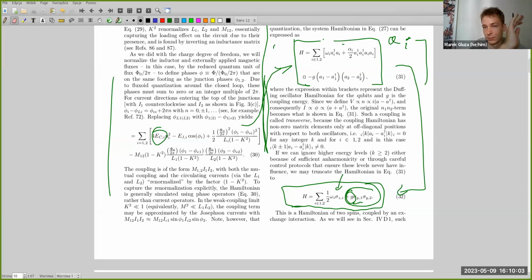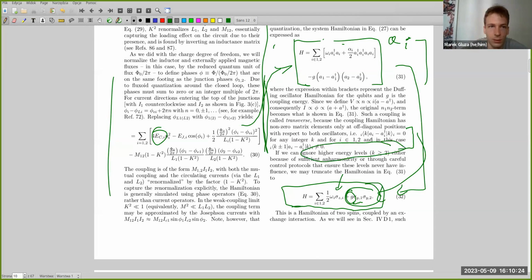But once we are comfortable working with that, we can kind of forget those hardware things. Now you can start talking about making a two-level approximation to say that the higher level never gets occupied, and then basically we get a two-level approximation.